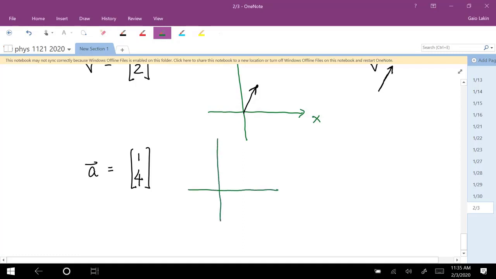Get a sense of the direction here. We'll go over 1, up 4. So it's steeper than the velocity vector.